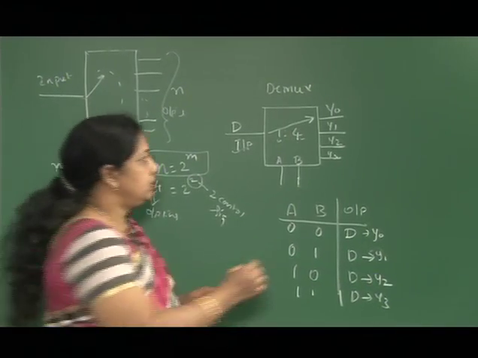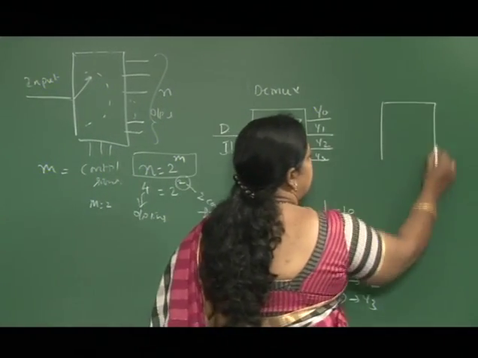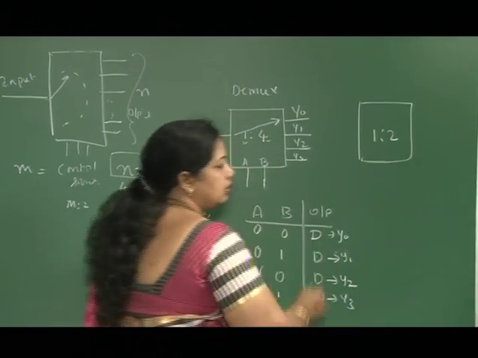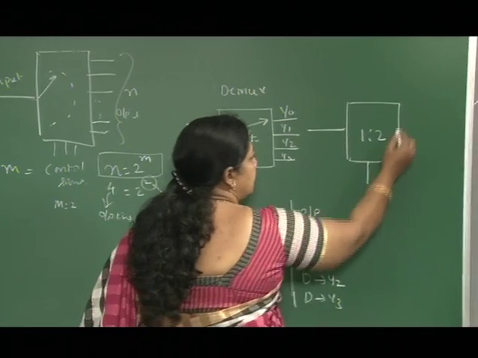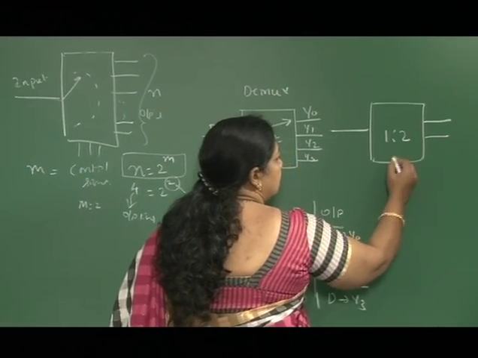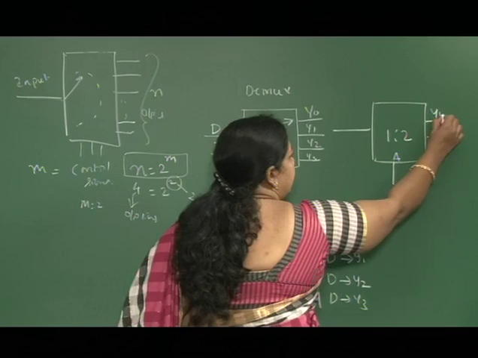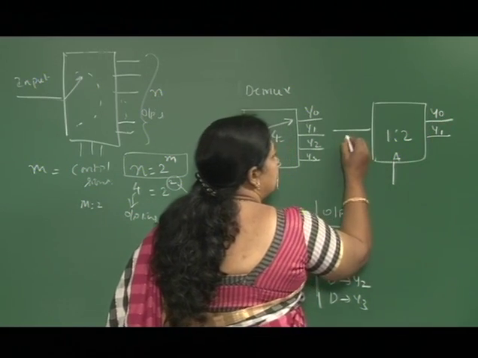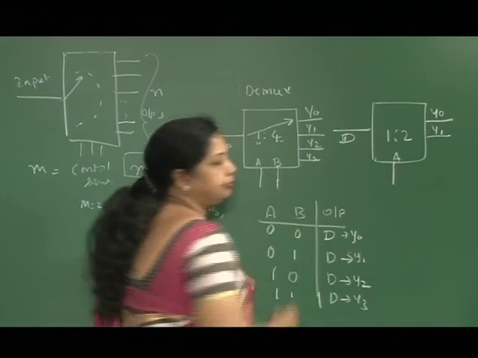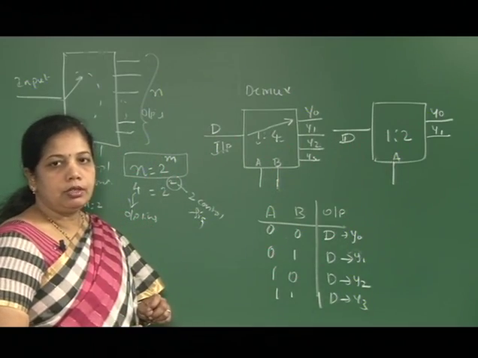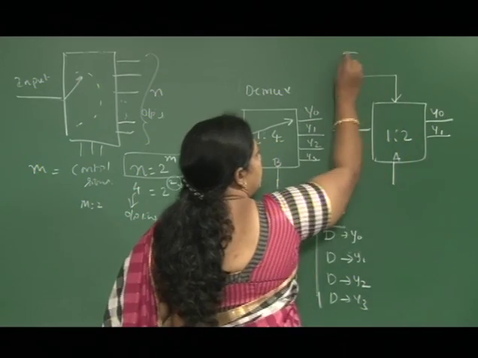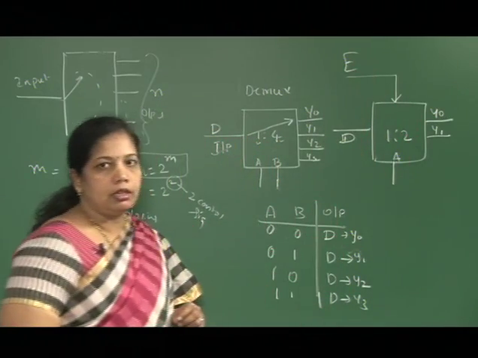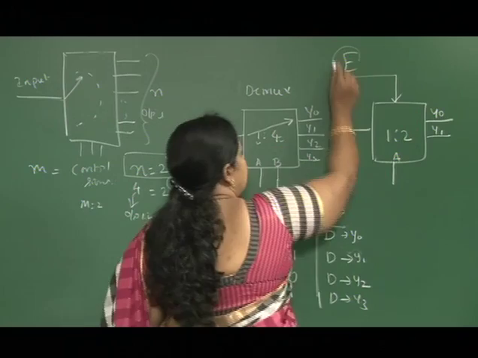Similarly, the basic 1:2 demux has one input and one selection line to get the output. This will be A, these will be Y0 and Y1, and this will be my input D. So we call it a 1:2 demux. Of course we may have one more pin, enable, which is an additional signal.